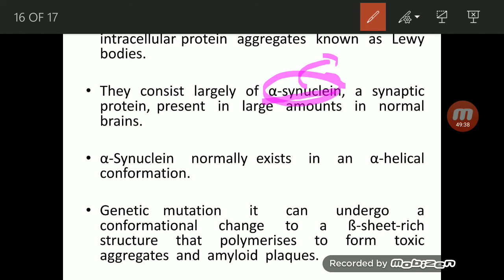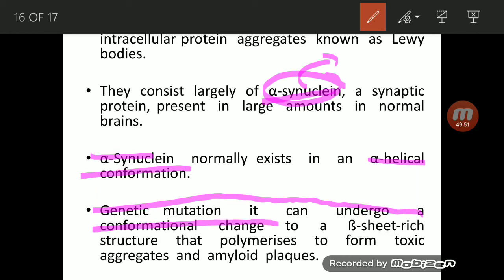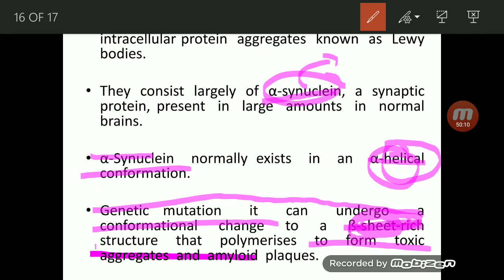Under normal conditions, your alpha synuclein exists in an alpha helical conformation. But whenever there is a genetic mutation, it undergoes a conformational change from alpha helical to a beta sheet structure, which polymerizes, condenses and forms toxic aggregates as well as amyloid plaques.